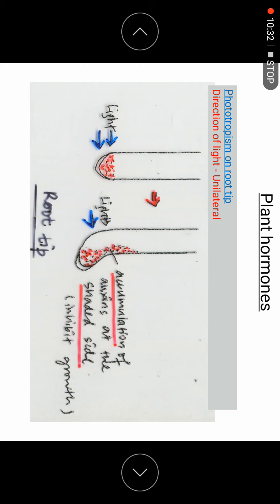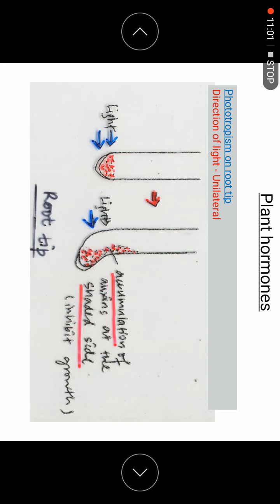We have seen the graph: the shoots need more, but the root needs a little bit to grow faster. If it is too high, it inhibits the growth. So when they go to the darker side, this part will grow slower, this one grows faster, so it seems like the roots are negatively phototropic, growing away from the light.